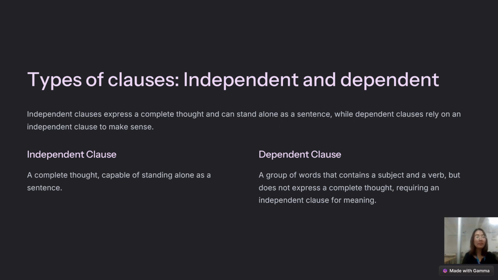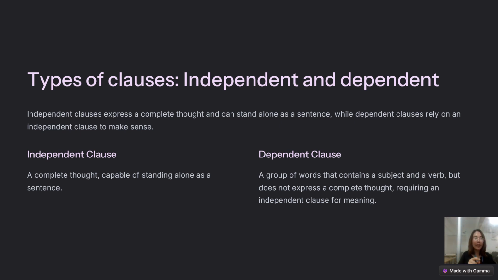Alright? And the next is the dependent clause. A dependent clause is a group of words that has a subject and a verb, but it does not express a complete thought.